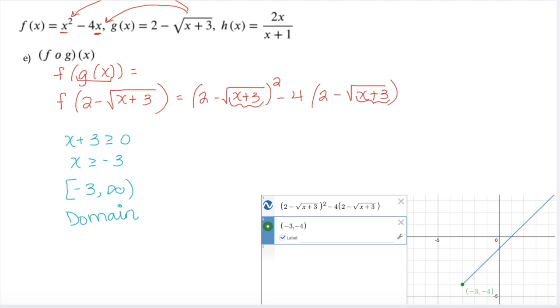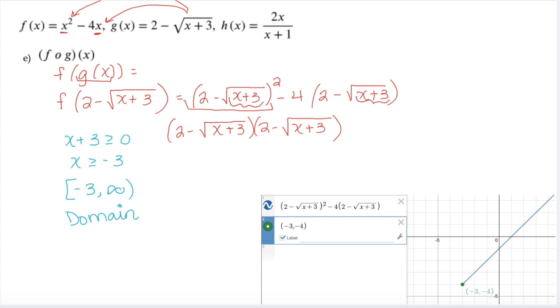I first need to square this left-hand side. So 2 minus the square root of x plus 3 times itself. I'm just going to focus on this left-hand side for now.